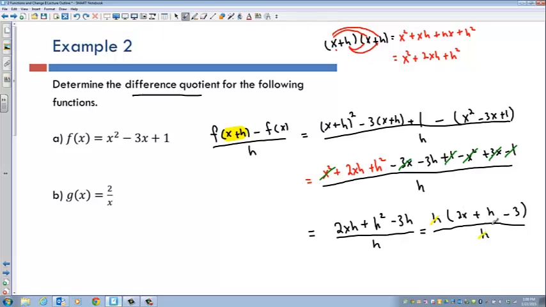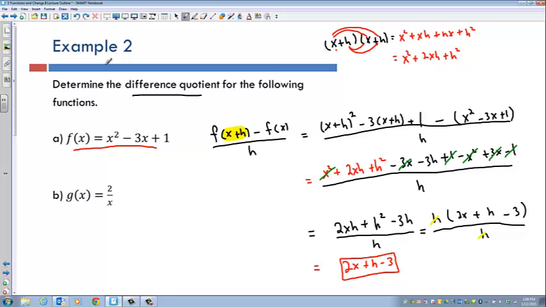And I'm left over on top, this is equal to 2x plus h minus 3. And that is my answer. So the difference quotient of this thing is 2x plus h minus 3.